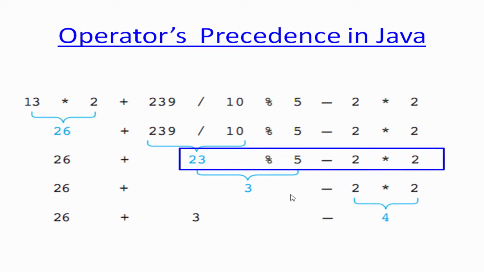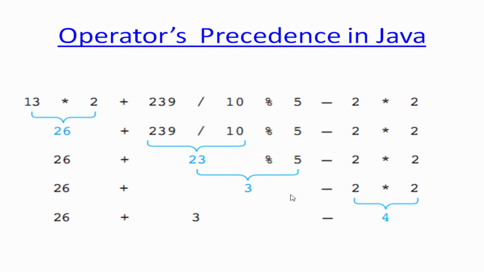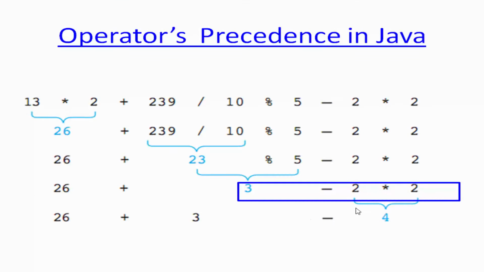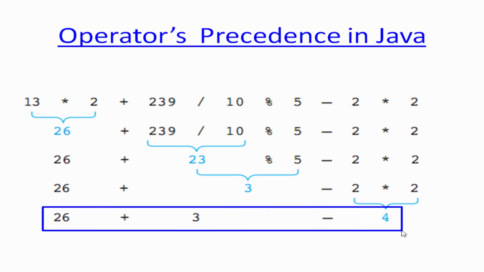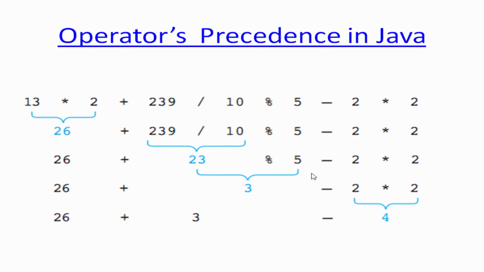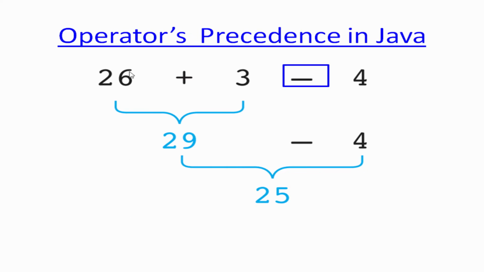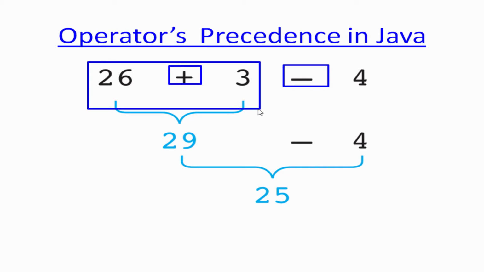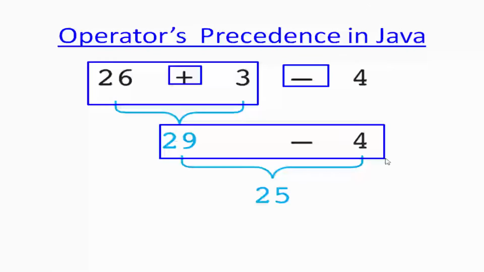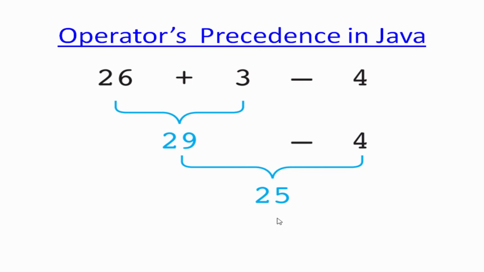We will solve from the left side and operate this modulus operator. Then we have 26 plus 3 minus 2 multiplied by 2. Now this multiplication will be solved and we will get the expression 26 plus 3 minus 4. Now as we know that addition and subtraction have equal precedence, we will add these two first, then we will get the expression 29 minus 4 and we will get our final result.